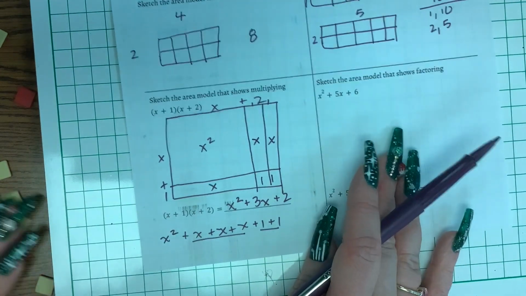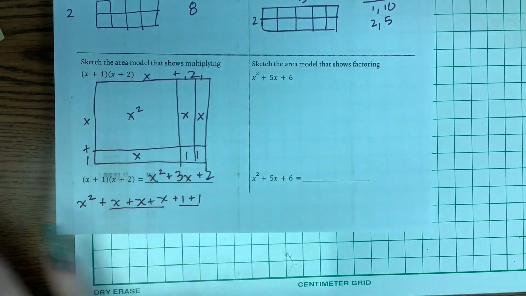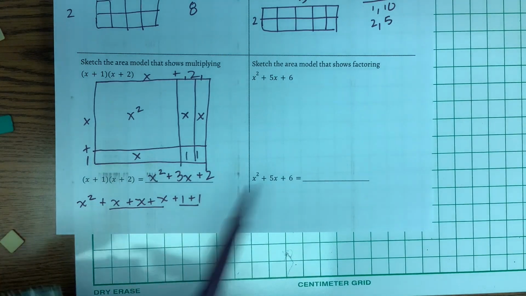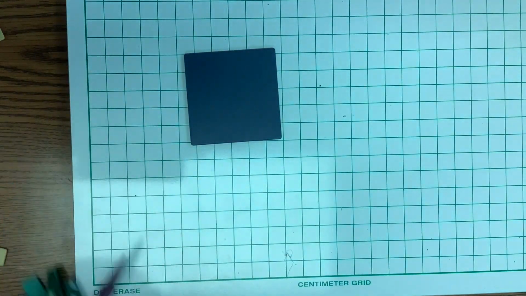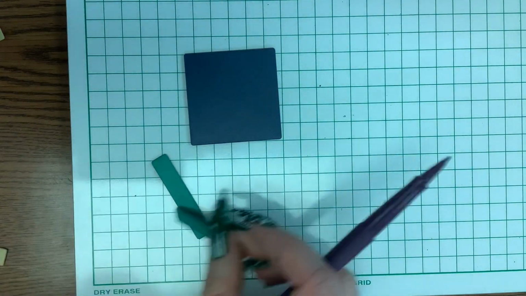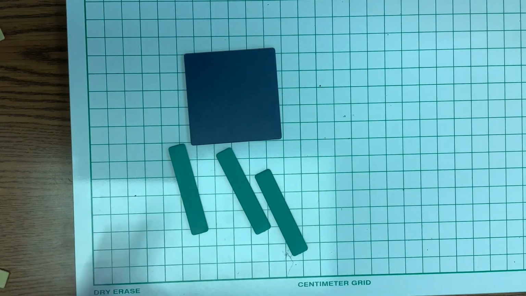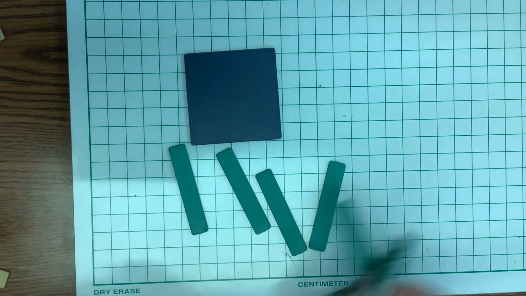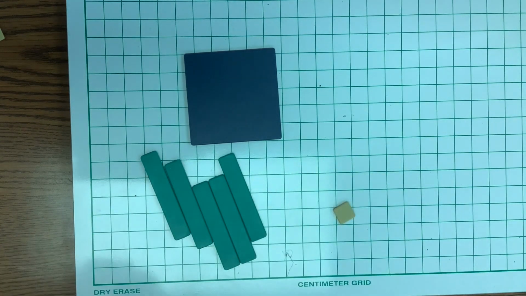Here's what we're mostly going to be using these algebra tiles for, is for factoring. So I am going to count out an x squared, a 5x, and a 6. And I'm going to do this here. So I have an x squared. I have 1, 2, 3, 4, 5, and then 6 little pieces.